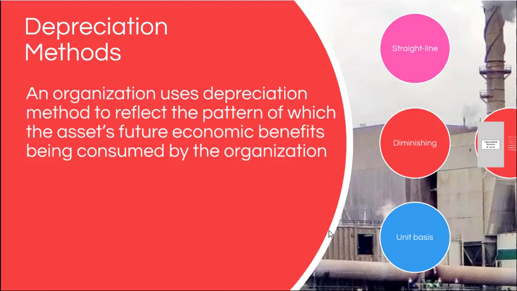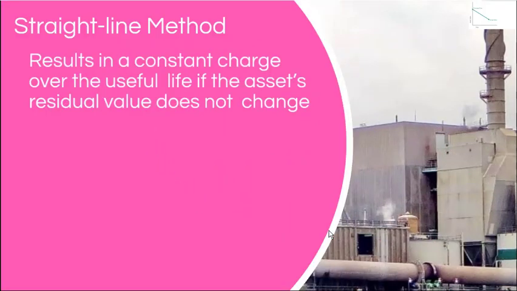So there are different depreciation methods recognized by LKAS 16. We have the straight line method of depreciation, the diminishing balance method or reducing balance method of depreciation, and the unit of production basis. Whatever basis we use should reflect the way we are going to consume economic benefit from the asset. So we will now first discuss the straight line method.